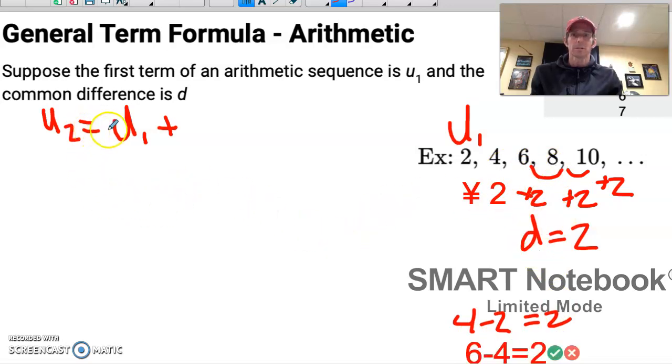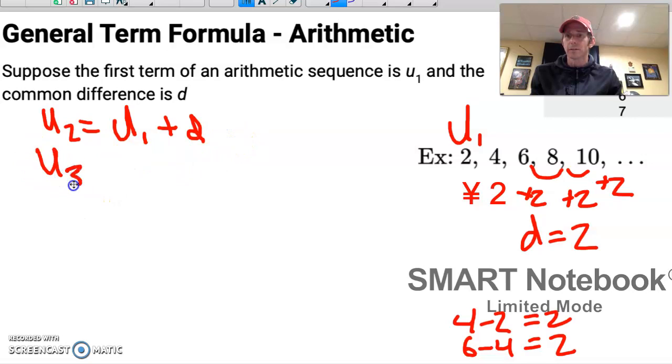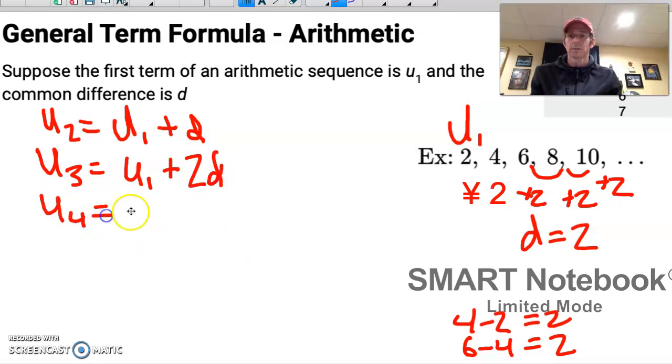It looks like the second term is the first term plus 1 common difference. The third term of this sequence looks like the first term plus 2 common differences. The fourth term of this sequence is the first term plus 3 common differences.